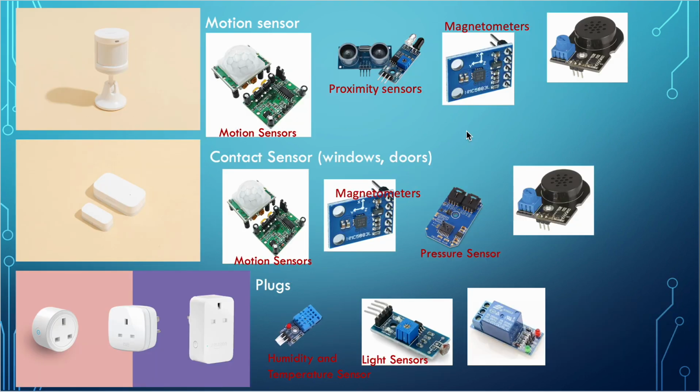One of the examples, let's take this motion sensor. This motion sensor will keep on checking for any motion that is happening in the surrounding environment which it is monitoring.